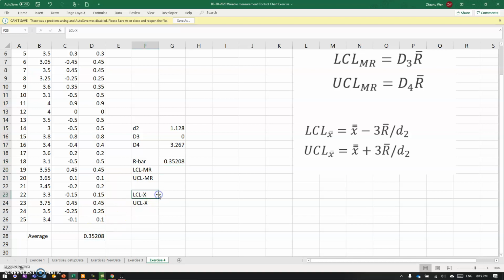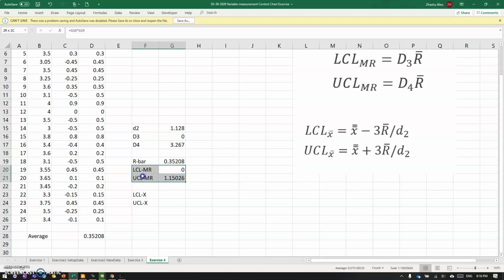Remember you cannot calculate X bar here. LCL MR is going to be the lower control limit for the R bar. We just multiply the R bar with D3, and again we multiply D4 with the R bar value.